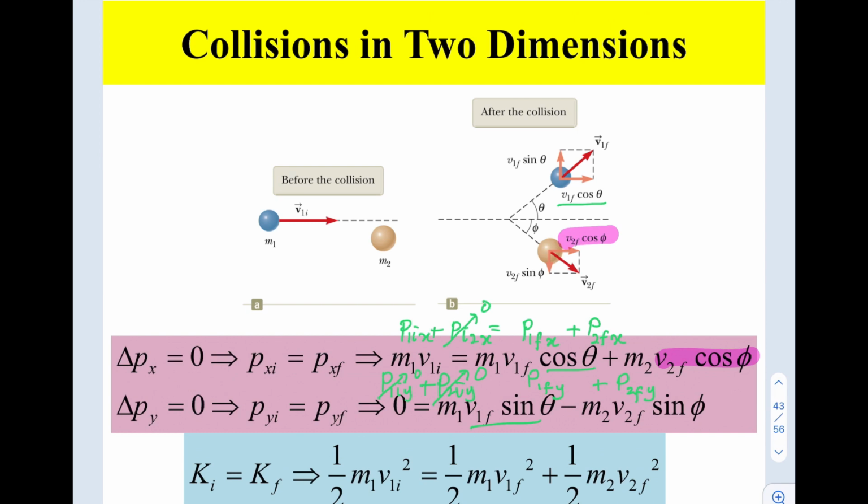Because V2 final in Y is pointing downward. That is why it has a negative sign.